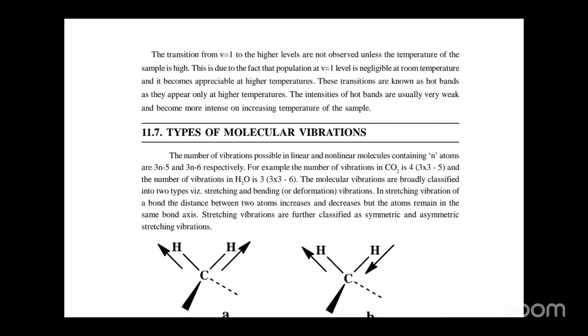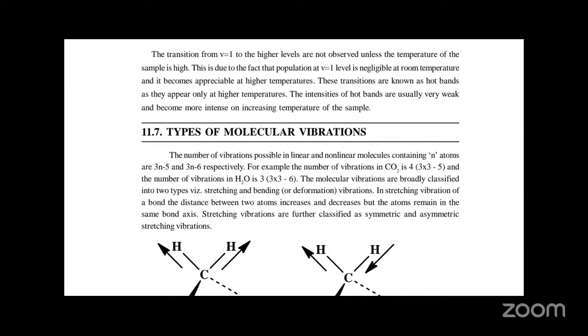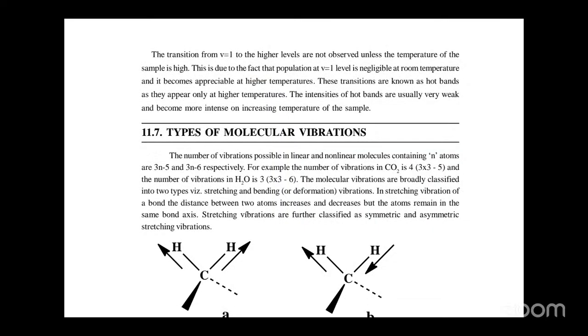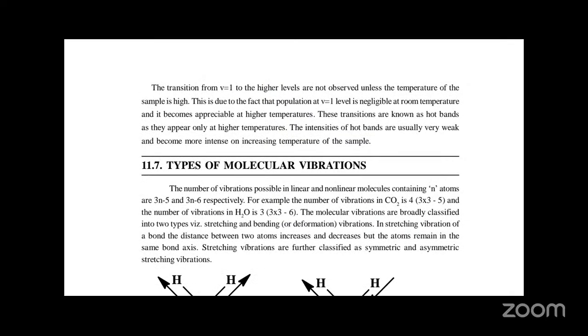Next, the types of molecular vibrations. Generally, molecules are having vibrations, because the total energy is equal to E of electronic energy, E of rotational energy, plus E of vibrational energy.